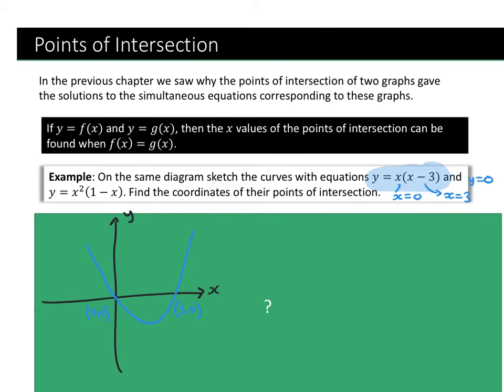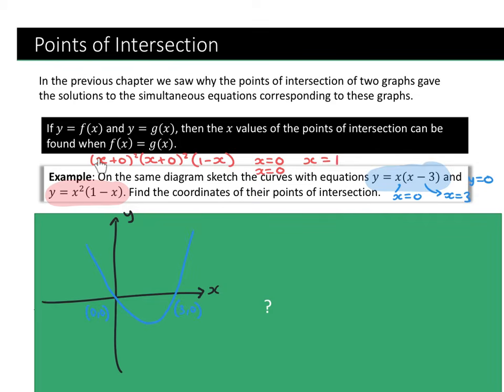Now my next one is y equals x squared (1 minus x). Okay? Now remember, Kate has been writing this way. x squared is the same as (x plus 0) squared, (x plus 0) squared, (1 minus x). So our roots are going to be x equals 0, which I know will then be an equal root, and we have x equals 1 is another root.